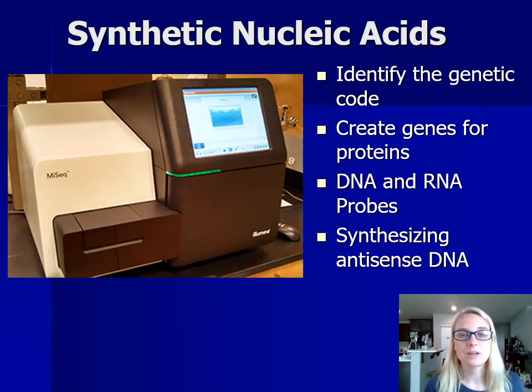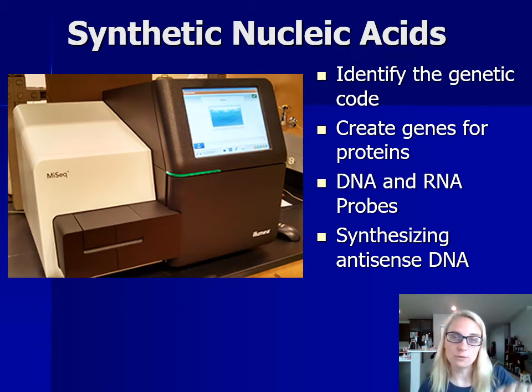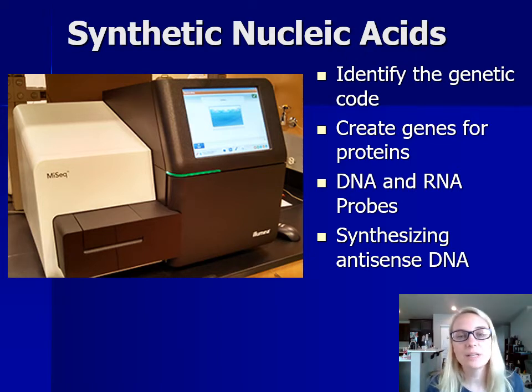But as knowledge and technology increased, they were able to create machines, and that's a picture of one, a nucleic acid synthesizer, where you can put in your ingredients. I'm going to put in a cup full of A's and a cup full of T's and some G's and some C's and some enzymes and some ATP and whatever is needed to build your molecule, and then you just put in your sequence that you desire.